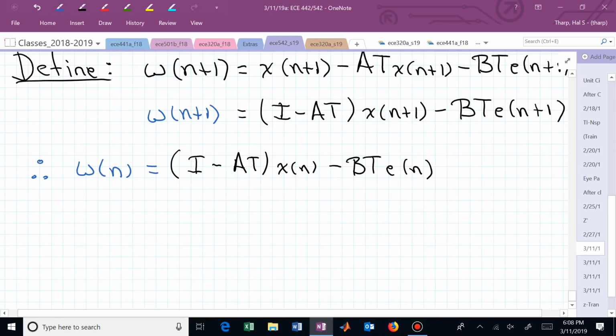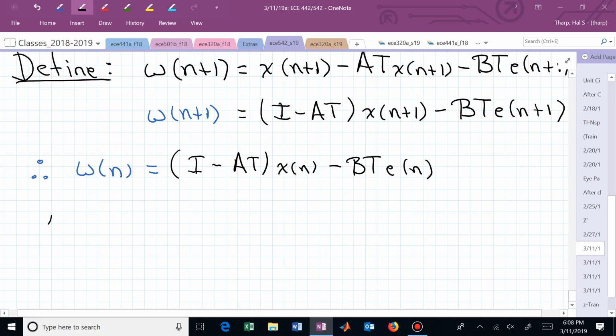If I want a state space representation, I really want the input, e of n, and a vector, w, I'm running out of letters, x, v, y, whatever. We just want something at the next time step to equal a combination of what it was the last time step plus a combination of the error signal.